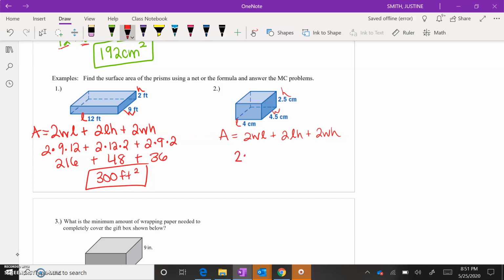Okay, so I'm going to do 2 times 4.5 times 4 plus 2 times 4 times 2.5 plus 2 times 4.5 times 2.5. Okay, and then I'm just going to multiply them out.